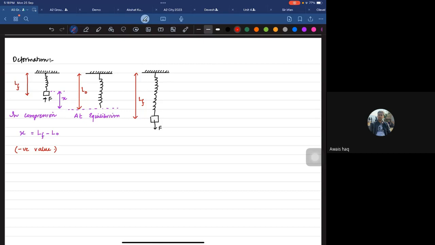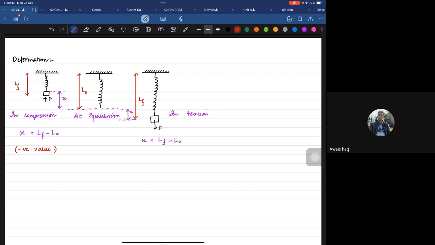Now, the third position that you see is when it is in tension. Tension means when something is pulled, it causes tension in it. So the extension now, x, will be LF minus L naught.